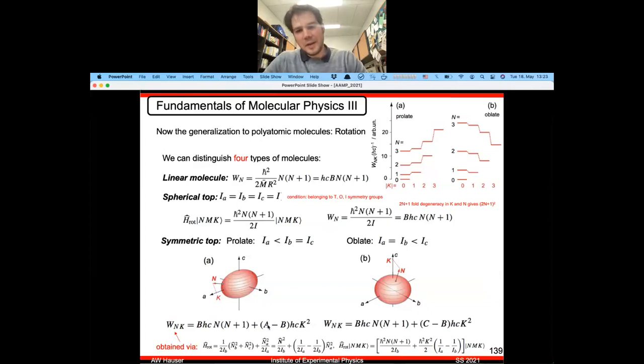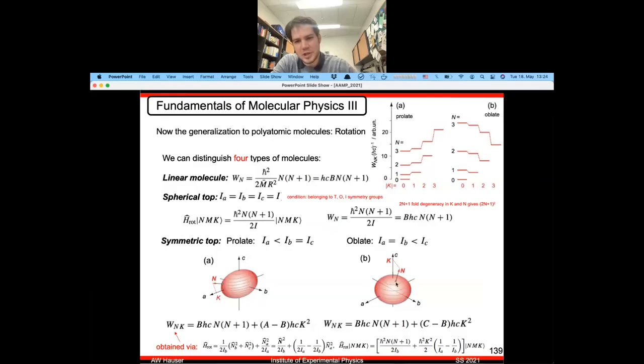And I can do the same thing for the oblate molecule as well. However, here it makes sense to look at the only uniquely defined axis in terms of moment of inertia, namely the one that is largest, because the other two are smaller but identical.